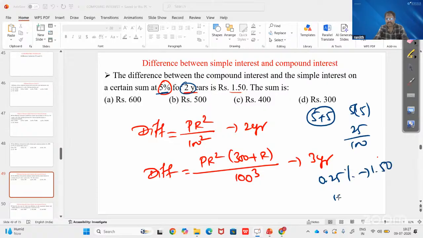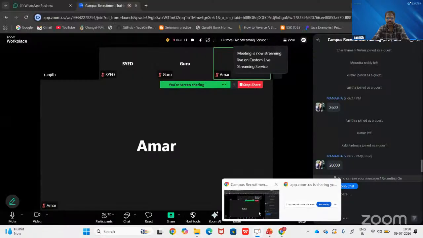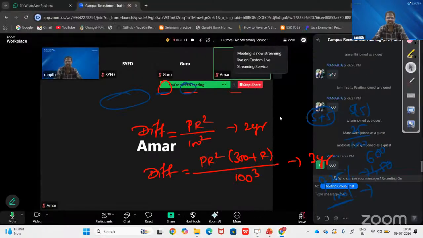Then the sum equals? 5 plus 5, so the extra will be 5 into 5, which is 25 by 100, equals 0.25. So 0.25 percent equals 1.50. Then the sum, 100 percent: the percentage point is cancelled. In the 25 table, 150 is 6 times. So 100 percent equals 600. Yes, the answer is 600.